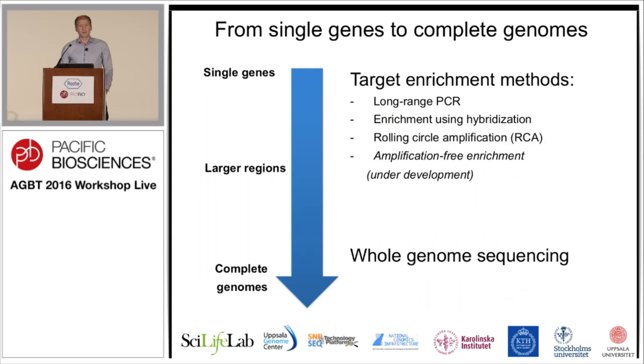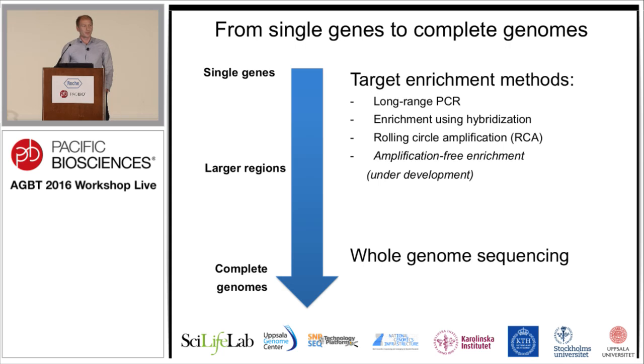And when it comes to these clinical applications, we're doing it on different scales, depending on what type of diseases we're looking at. So we can go all the way from single genes up to larger regions or even to complete human genomes. And when we're looking at these smaller regions of the genome, we need to use different types of enrichment methods. Currently we're using either long-range PCR or hybridization-based methods.